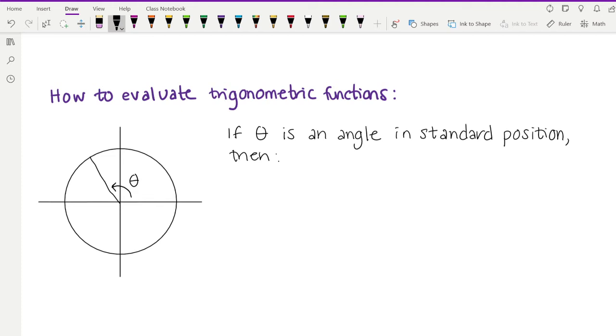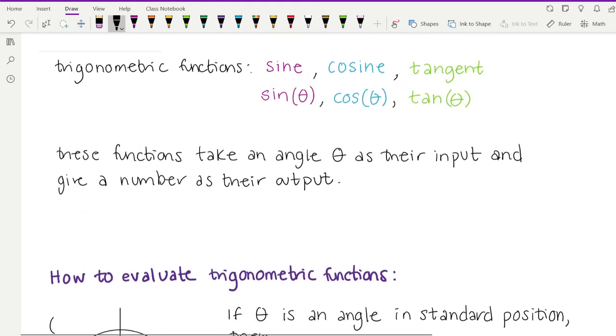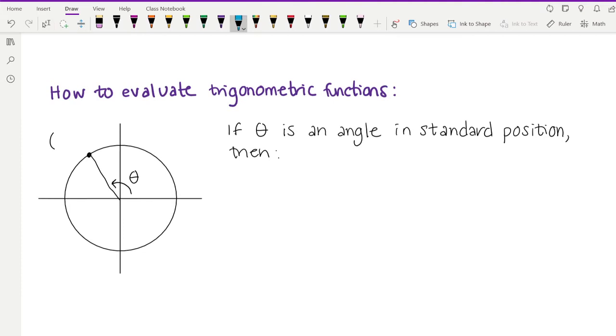So if you find the terminal point of that angle, let me remind myself I want to do some color coordination. I'm going to use blue to represent the x coordinate and this magenta color to represent the y coordinate, and we'll see that that is intentional.